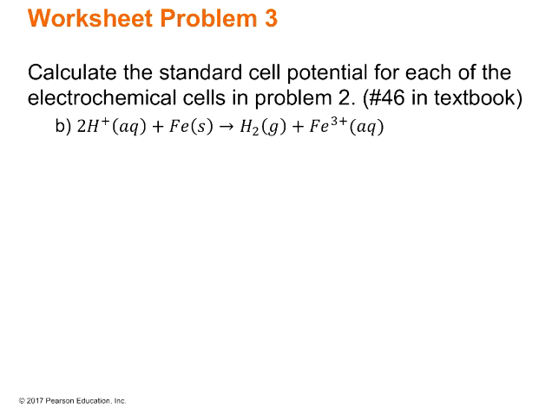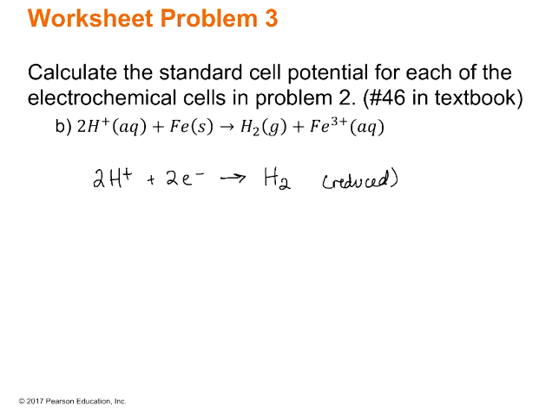All right, so for B, we already said that the hydrogen ions were, let's see, where are my notes? Those were reduced. So the hydrogen ions gained electrons.